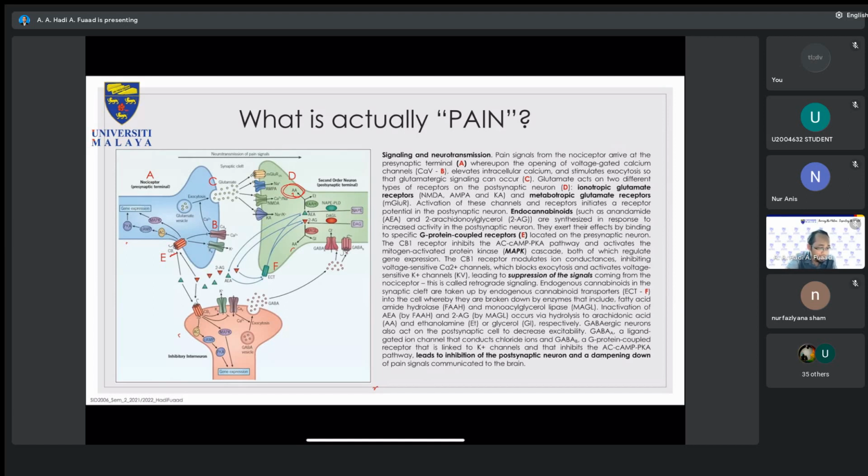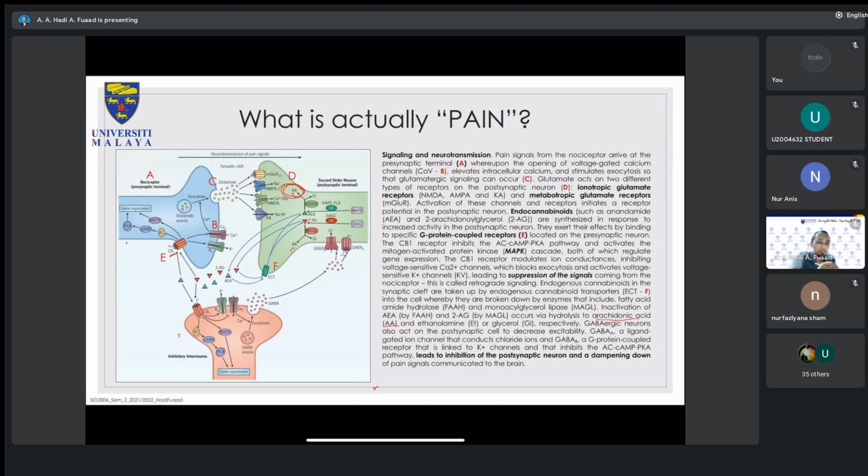So what is AA? AA is arachidonic acid. We will see the structure of AA and how AA is involved in pain perception.